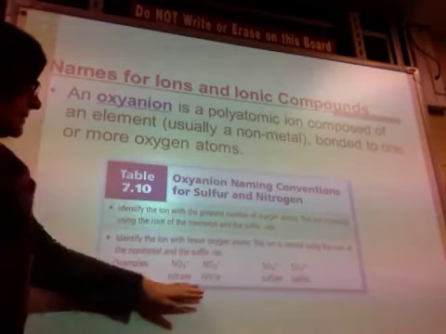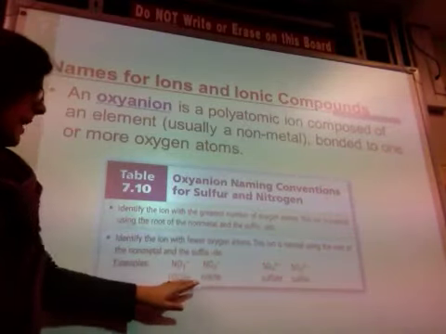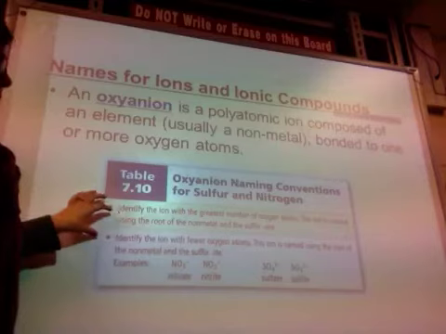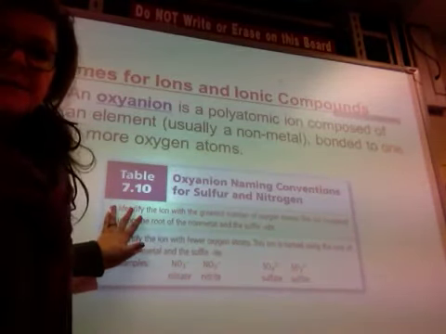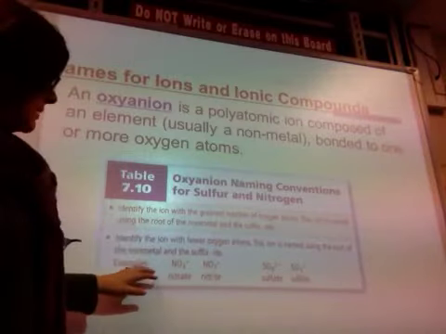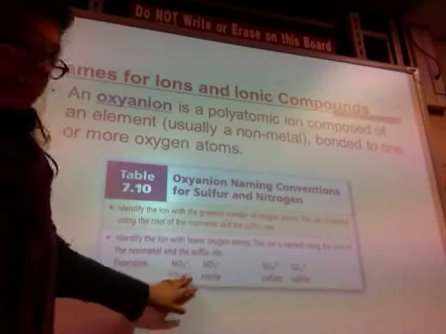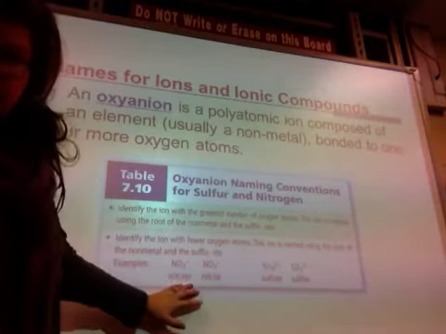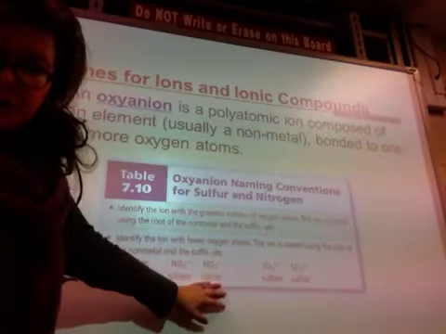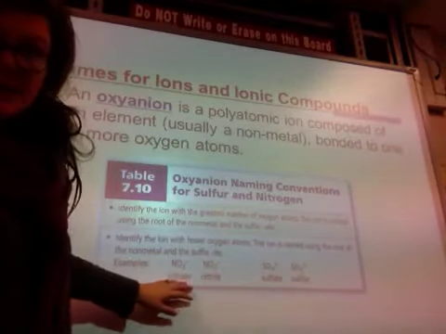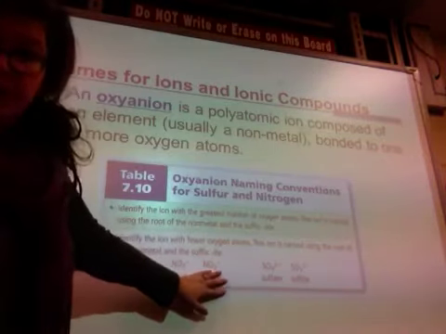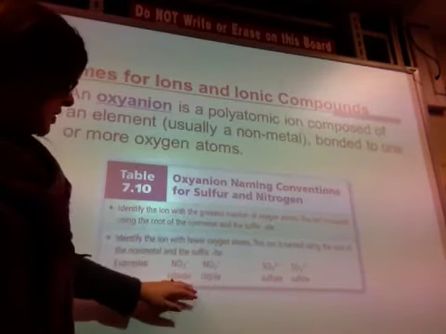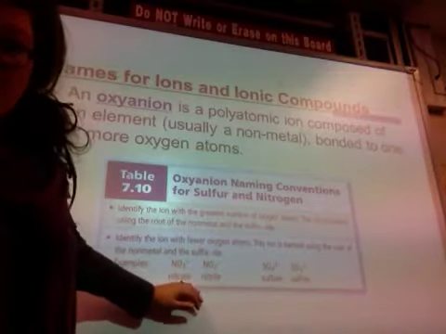So in this case, we have nitrite and we have nitrate. Always, the polyatomic ion that has more oxygen that the nonmetal is bonded to is going to end in -ate. So NO3 versus NO2: NO3 has more oxygens because I have 3 oxygens in that one, versus NO2 only has 2. So that means that this one is going to end in -ate because it has more oxygen.